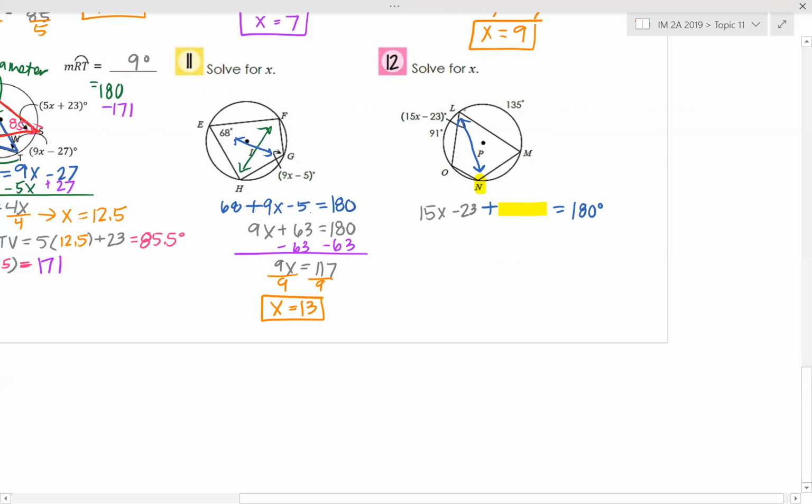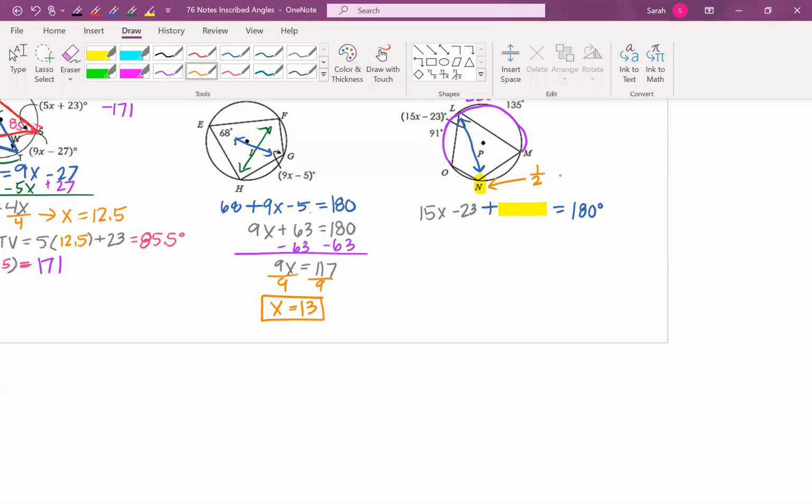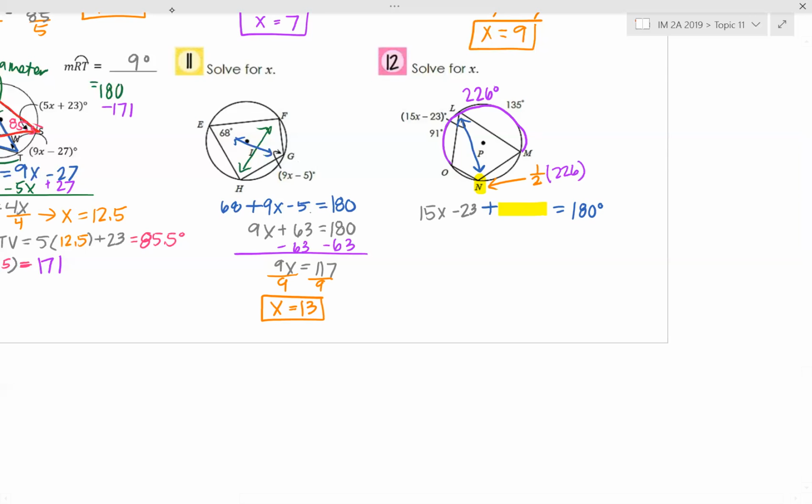If I have this arc from O to M, and I know that two parts of it are 91 and 135, then I know that their sum is 226 degrees. Remember that the arc and the inscribed angle have a relationship of half. So for N, I just have to take half of 226, and that will be the measure of angle N. So angle N must be 113.